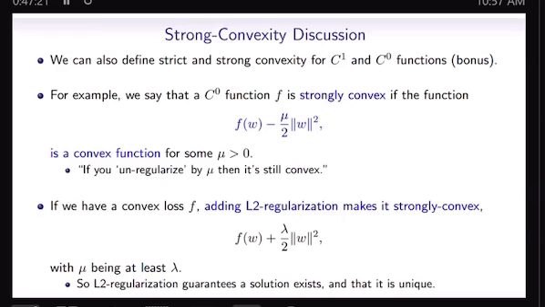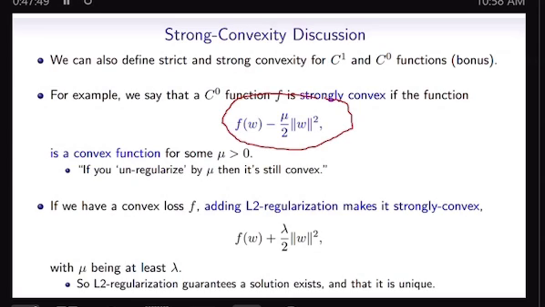Okay, now let me tell you this. What is the general formula for strong convexity? What we want is strong convexity. The general formula is this. Take a look at this. If f of w is convex, maybe it's strictly convex, how can we make it strongly convex?